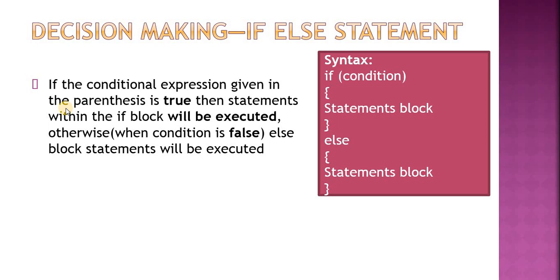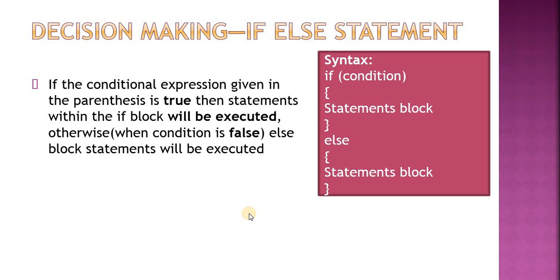If the conditional expression in the parentheses is true, so here the condition is true, then the statements within the if block will be executed. Otherwise, that means when the condition results as false, the statements in the else block will be executed.